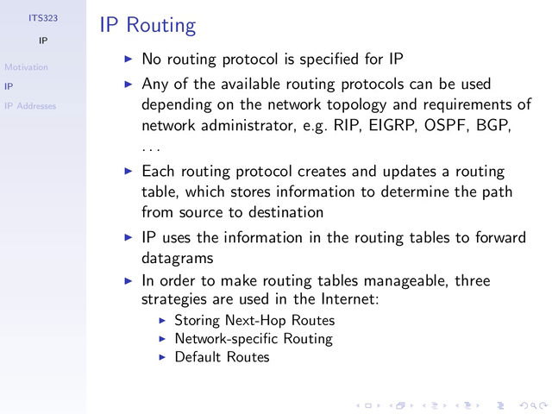This will match. This matches any other value for the destination. 11 is some other value. Therefore, host 1 will know to send to R1. Send the datagram to R1. R1 will then use its routing table to deliver to the next hop, which is R2, R3, and eventually to host 11.